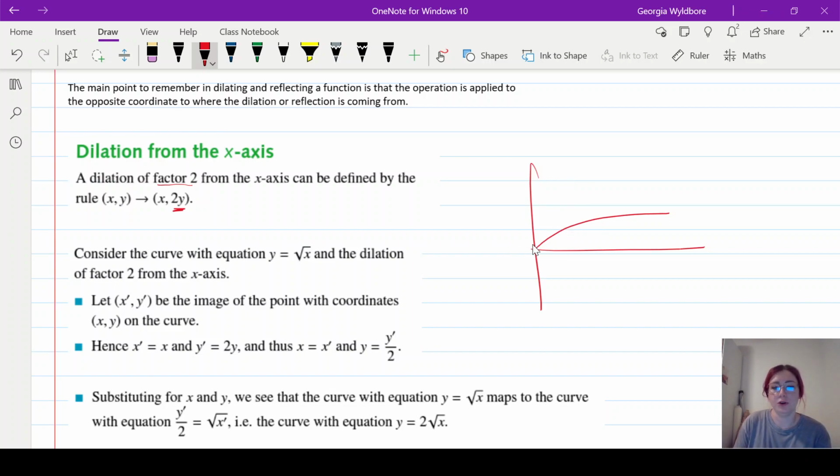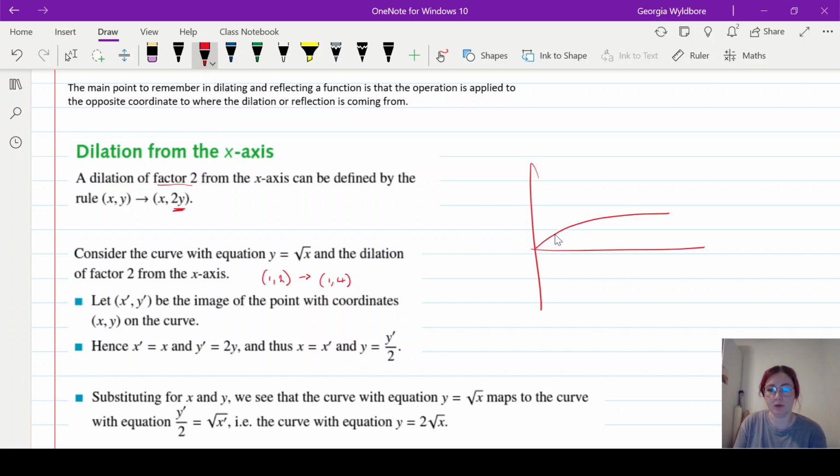What that's going to do is effectively mean that if we had the point 1, 2, that point is going to map to 1, 4, because the x is going to stay the same, the y is going to be multiplied by 2.